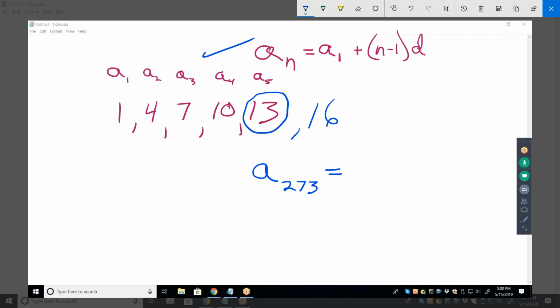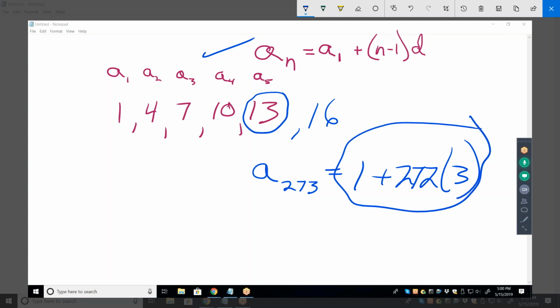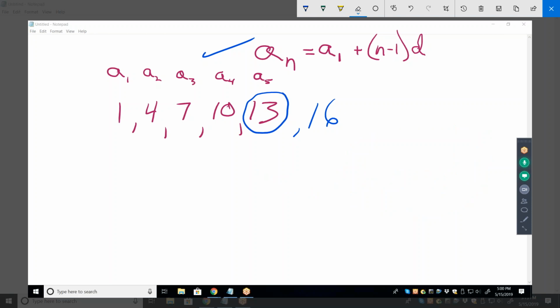But if I use this formula, I can get it real quickly. It's equal to 1 plus 272 times 3. That number I can get in an instant. So that's the beauty of sequences, where you can have a general formula that tells you the nth term.